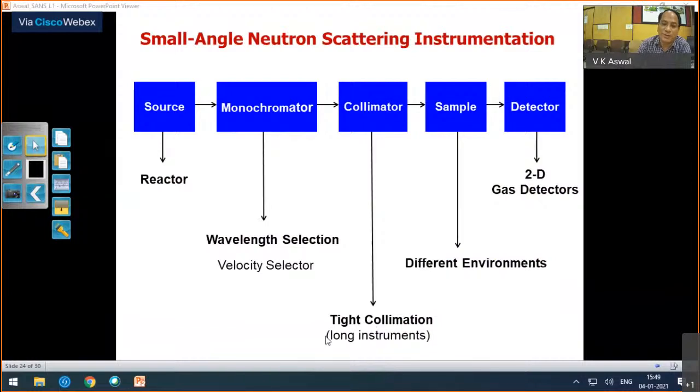For that, as I already told, the instruments used are long. And once you build an instrument, to cater to different disciplines, you need different sample environments for increasing temperature, applying pressure, applying magnetic field, and so on. And detectors, mostly 2D detectors. Since the detectors used for neutrons are big ones, these are gas detectors. Gas detectors are used for detecting the scattered neutrons.